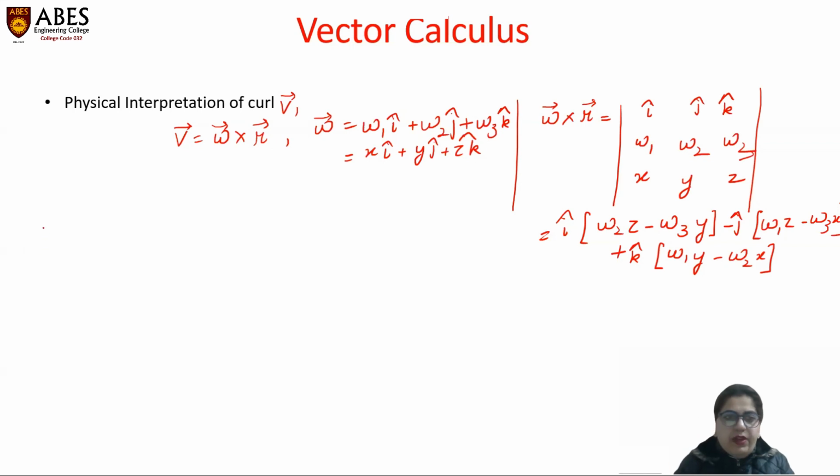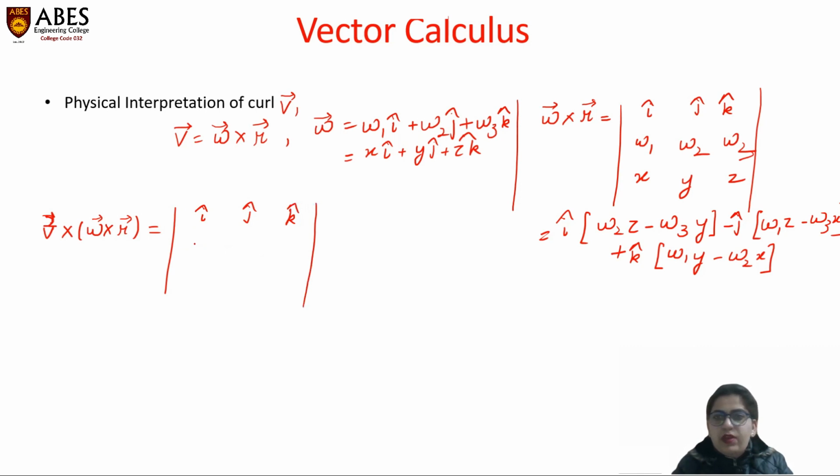Now we will be calculating the value of the cross product of del and v. v is your omega cross r. Again the first row will be i, j, and k unit vectors, and the second row will be del over del x, del over del y, and del over del z.